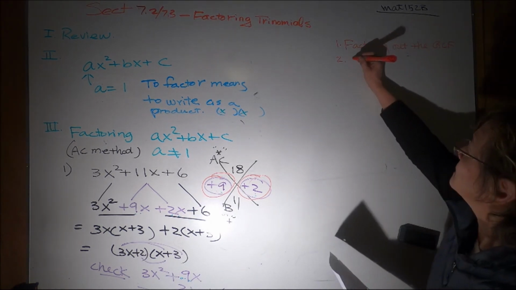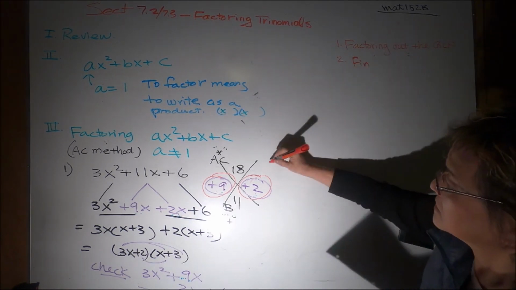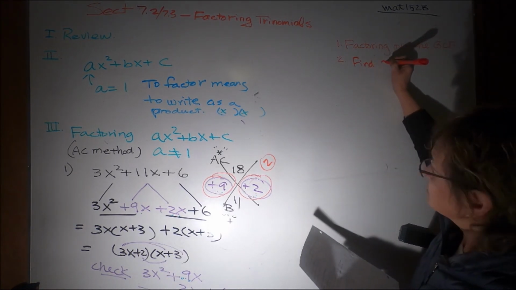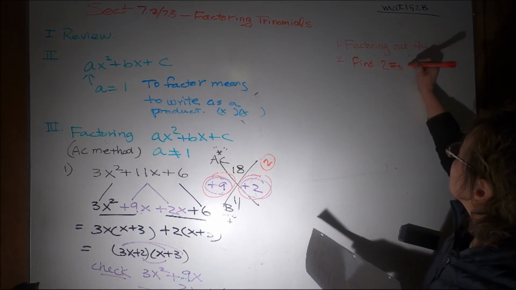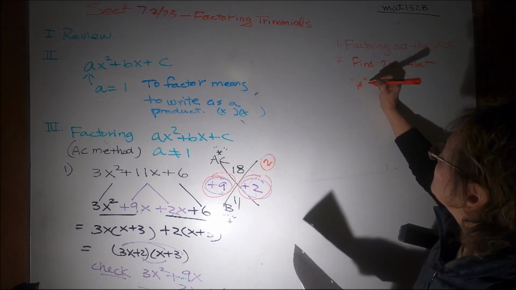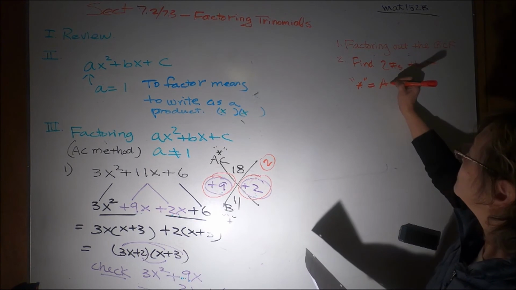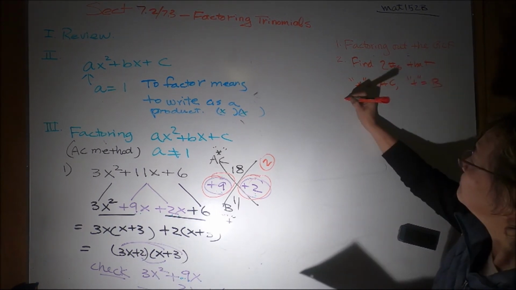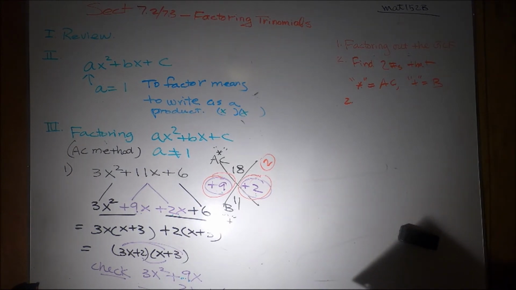So this is your second step, you will find two numbers that will multiply together to be your AC, and added together to be your B, right? That's the second step we did.